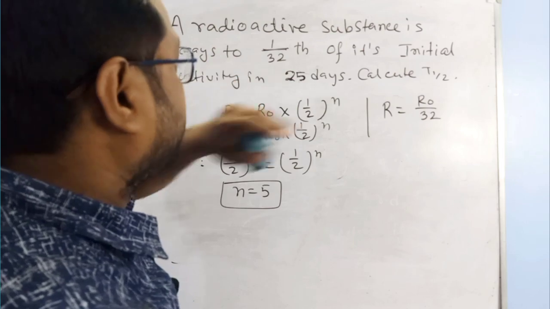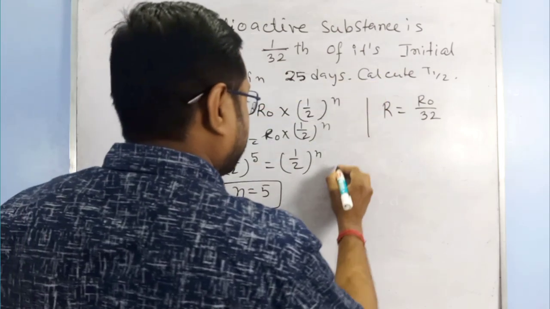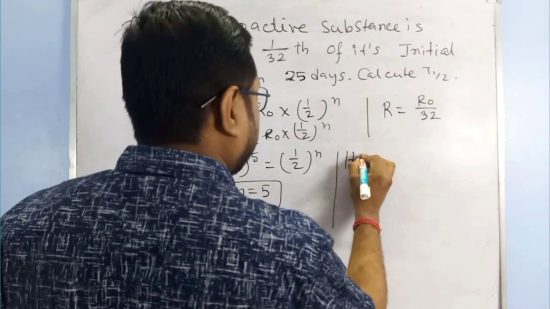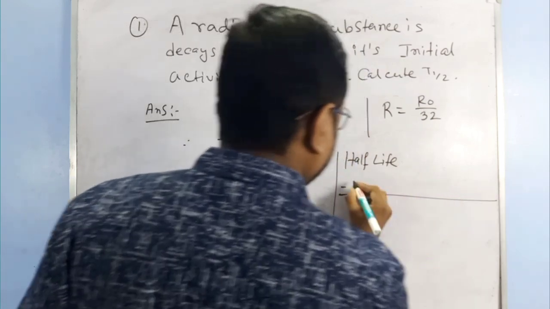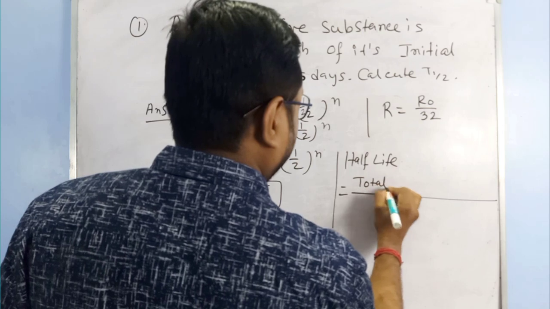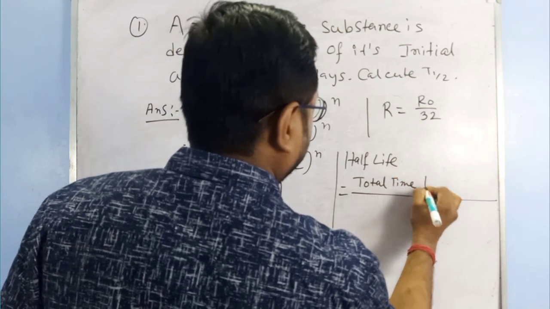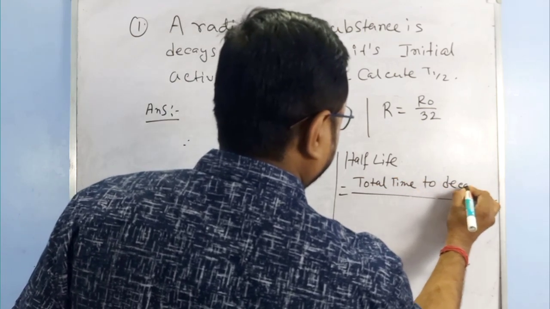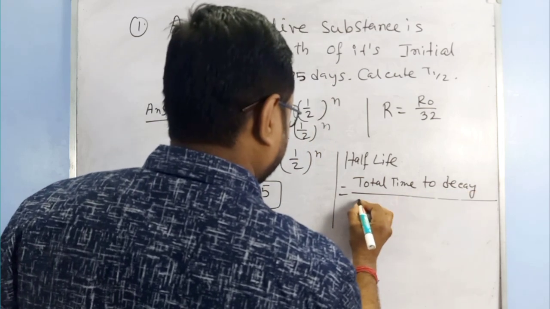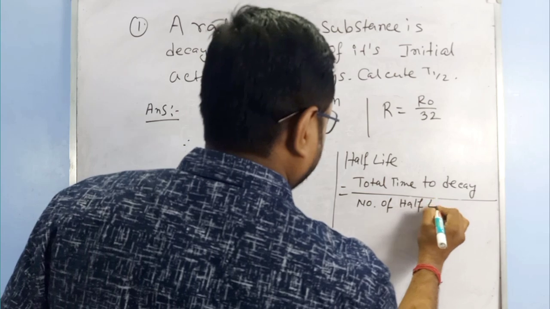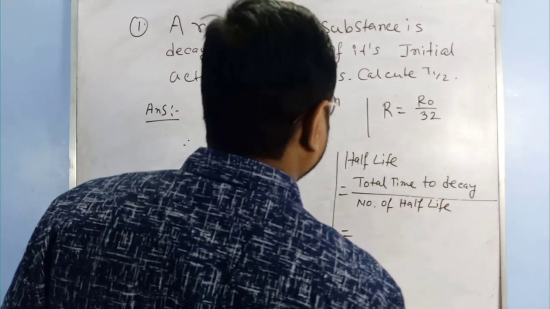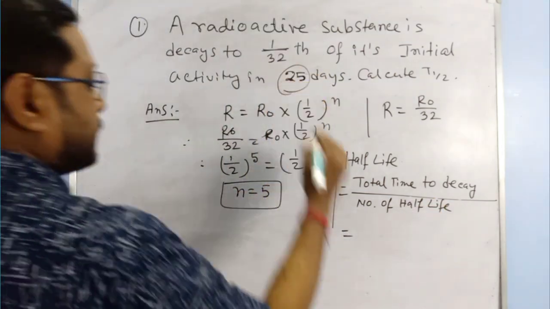So, half life equal to total time to decay divided by number of half lives. So total time to decay is what? 25 days.